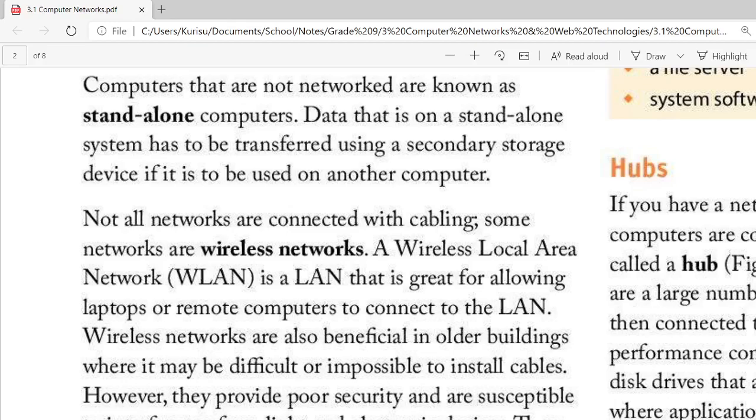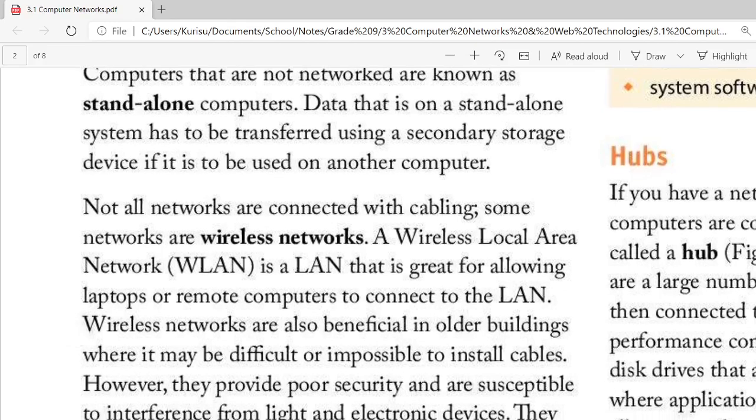Computers that are not networked are known as standalone computers. Data that is on a standalone system has to be transferred using a secondary storage device if it is to be used on another computer. Not all networks are connected with cabling. Some networks are wireless networks.